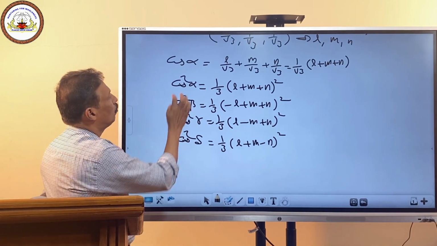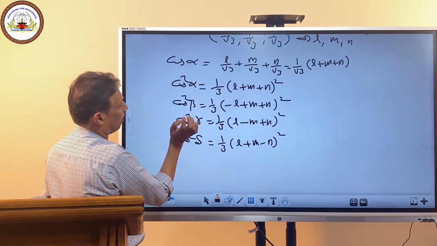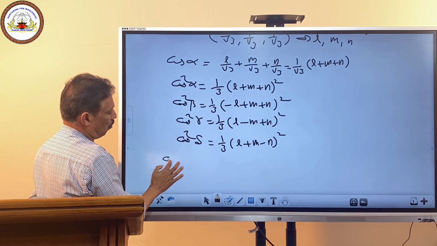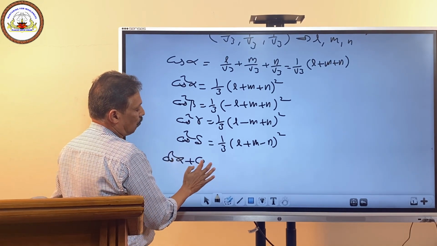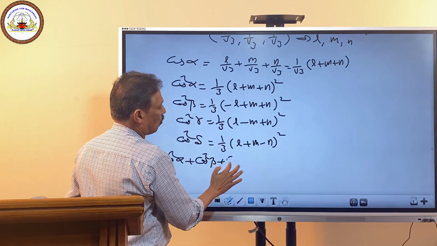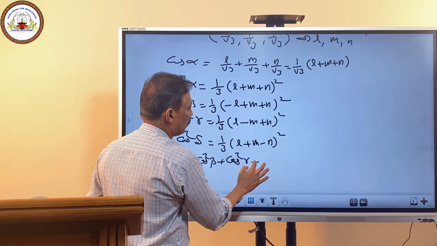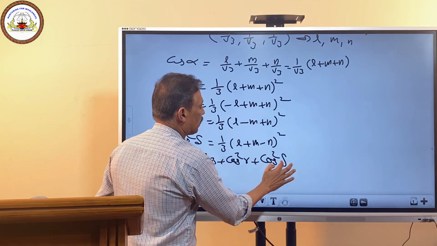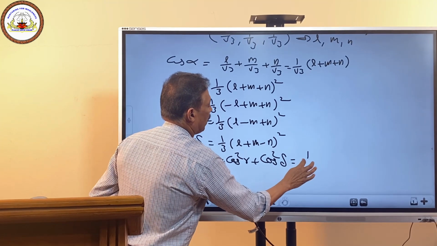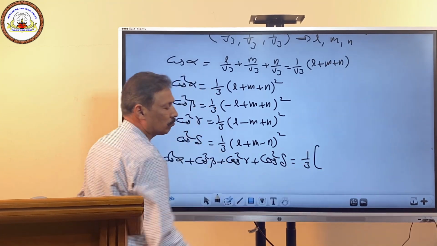Then adding, cos square alpha plus cos square beta plus cos square gamma plus cos square delta equal to 1 by 3, we take outside.